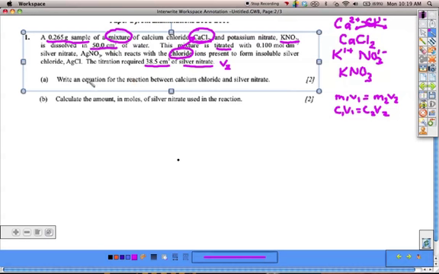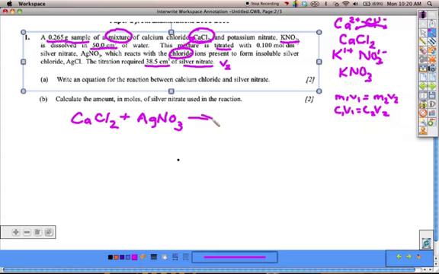The first thing, again, it's taking us step by step. First thing that we need to do is write the equation for the reaction between the calcium chloride and the silver nitrate. I just have to start writing out calcium chloride, CaCl2, again they gave us a symbol up here, is reacting with the silver nitrate, AgNO3.